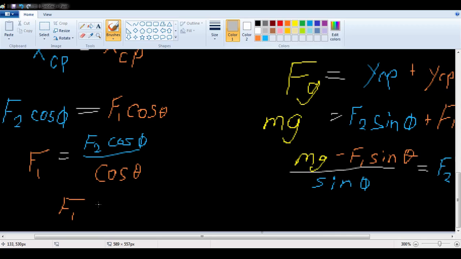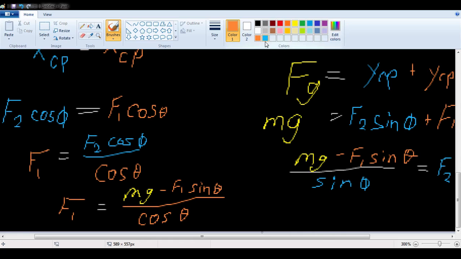So f1 is equal to, I'm going to pull out my mg minus f1 sine theta, and I'm going to put that over this cosine theta from over here.